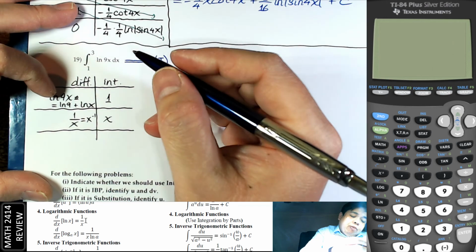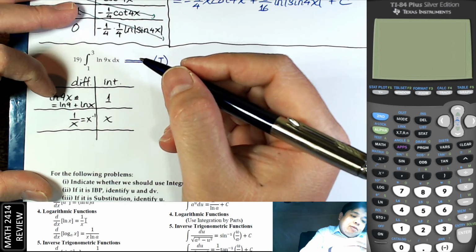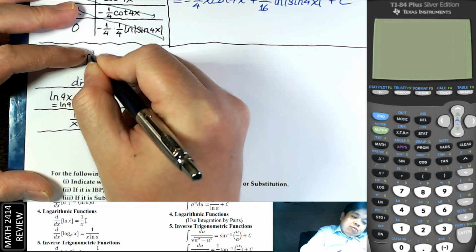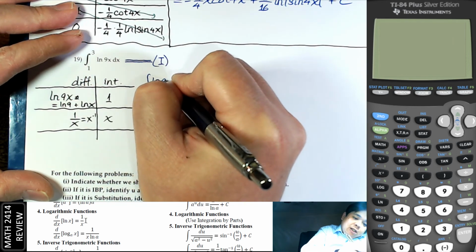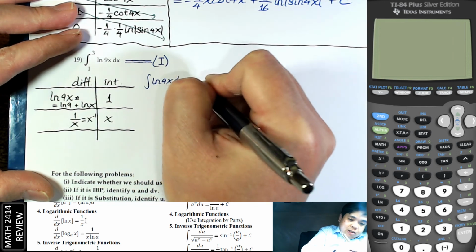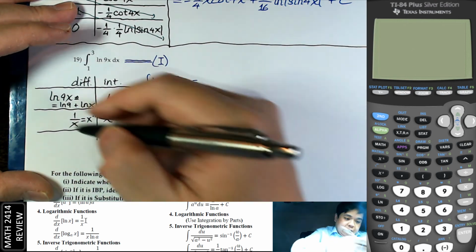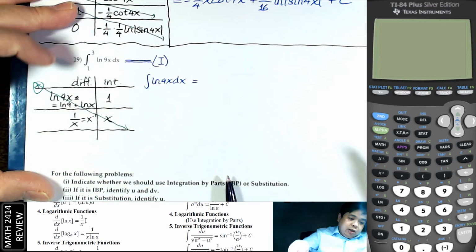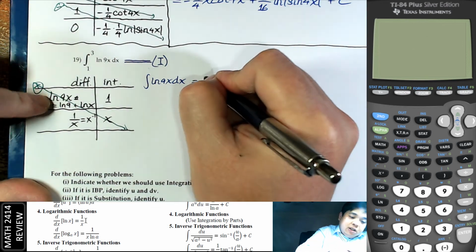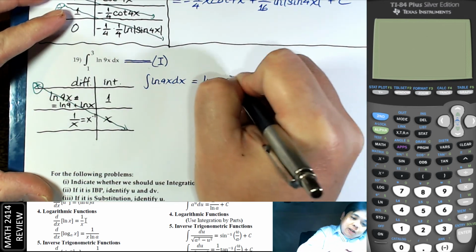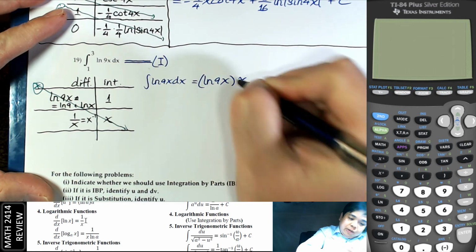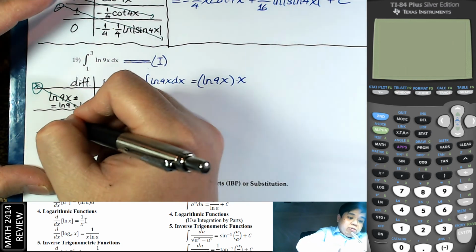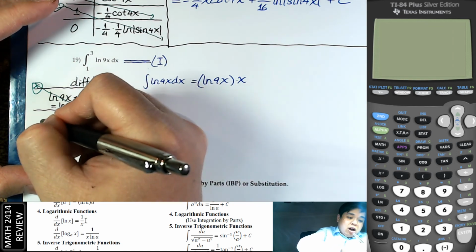So if we do that without the limit, integration by parts, positive. So we have ln of 9x times x. And then if we keep going like that, it's not going to go anywhere. So we have to stop.